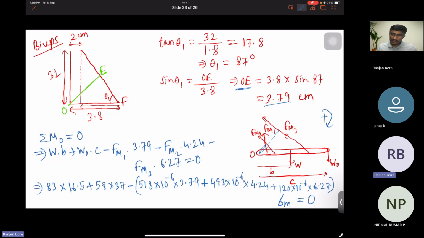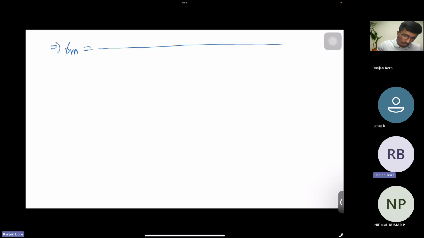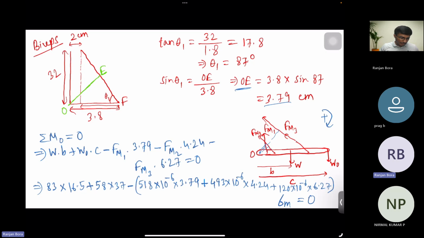So now we can find out the sigma M. We'll take the minus sign and the bracket terms to the right side. So sigma M will be... I will directly do the calculation.